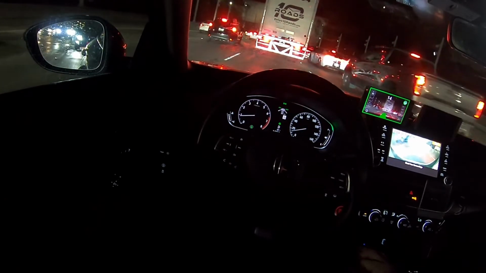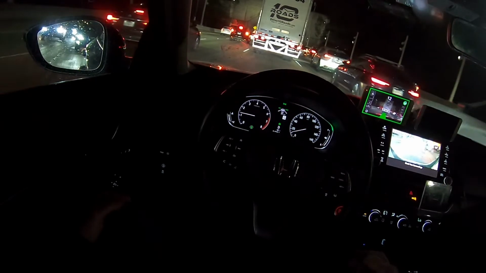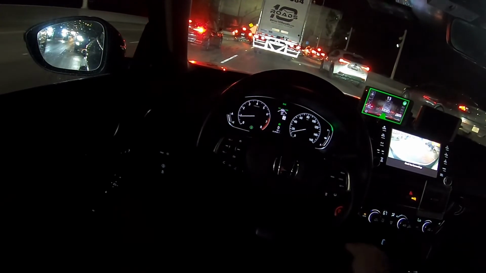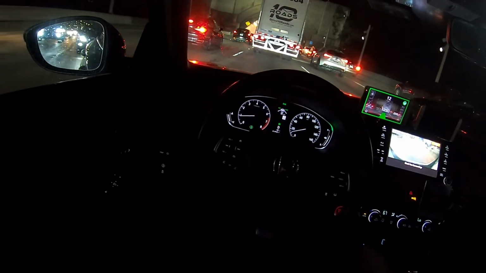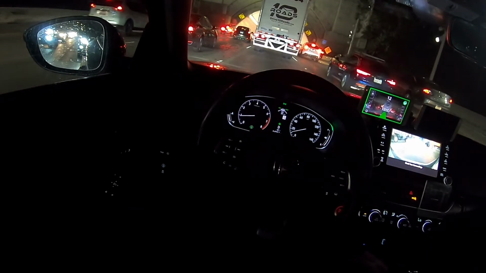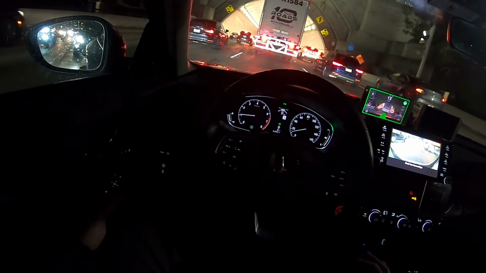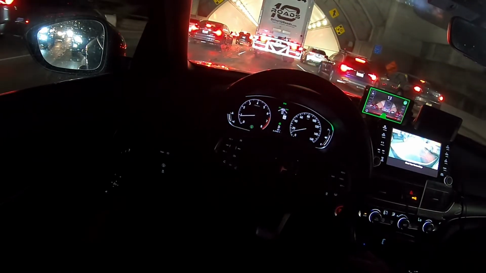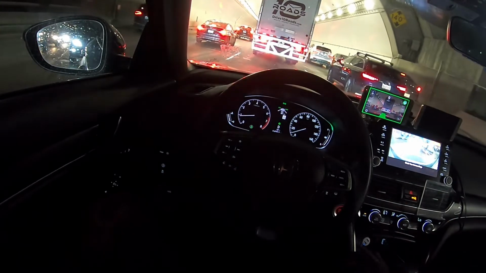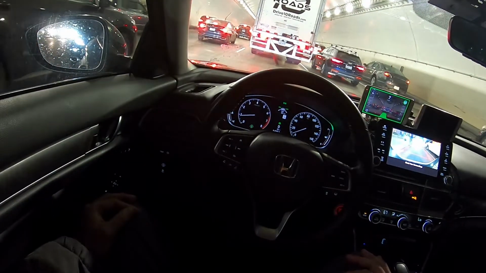Maybe the mount, probably not, because it shouldn't be, because it's working right now. It's working great on my car. So probably it's tuning wise. I don't know if you're getting it. So just make sure that your device is pointed as straight as possible.